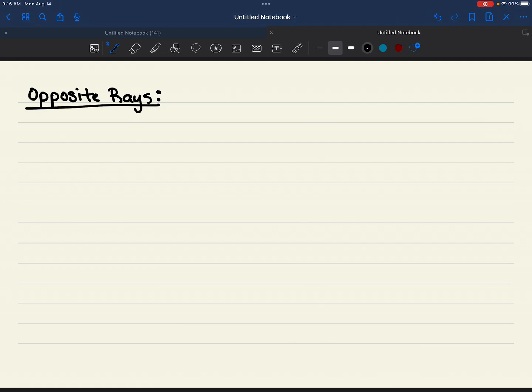Just one ray going the other way? Yeah, two rays going opposite of each other, right? Okay, so two rays with the same endpoint that extend in opposite directions.